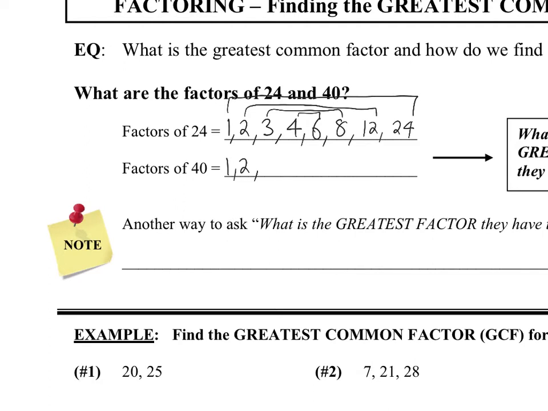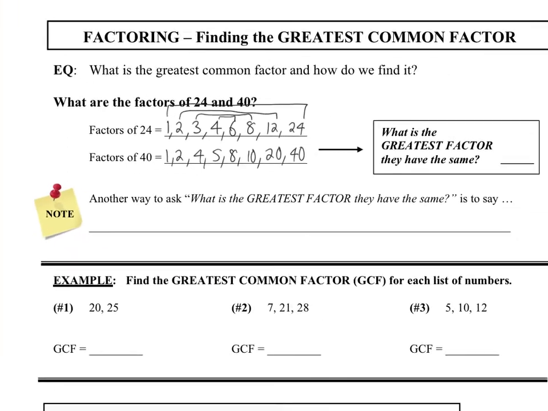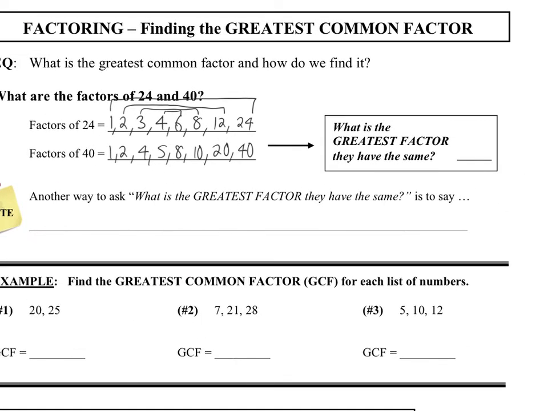Factors of 40 are, we also have 4 and 5 and 8 and 10 and 20 and 40. Okay? What is the greatest factor they have the same? So what's the biggest number that goes into both of these? Well, if you start here and go this direction, you can see that 8 is the biggest number that goes into both of these.